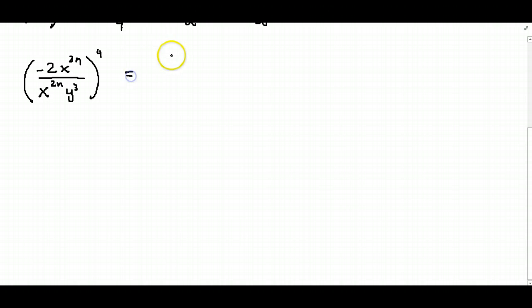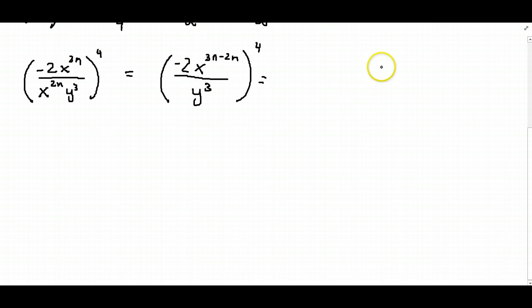So what we get is open parentheses, open fraction, -2 x raised to the 3n minus 2n, because you subtract your exponents with the same base, all of that over y cubed, close fraction, close parentheses, raised to the 4th. Okay, now let's go ahead and simplify our numerator.